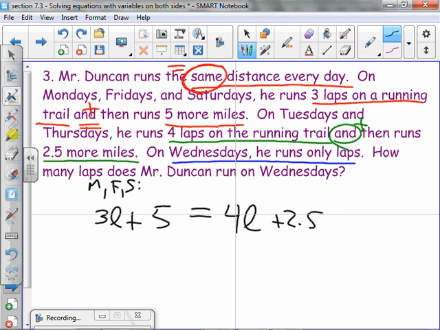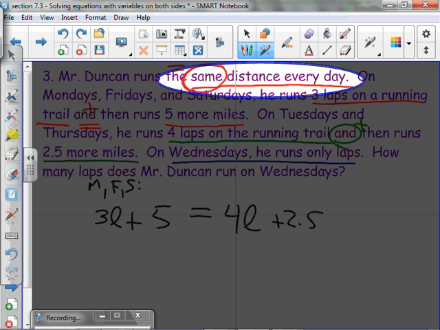I have no idea how long a lap is. That's my variable. I do know how long a mile is, so that's not a variable. But I have 3L plus 5. Has to be the same because I run the same distance every day, as it says right here.